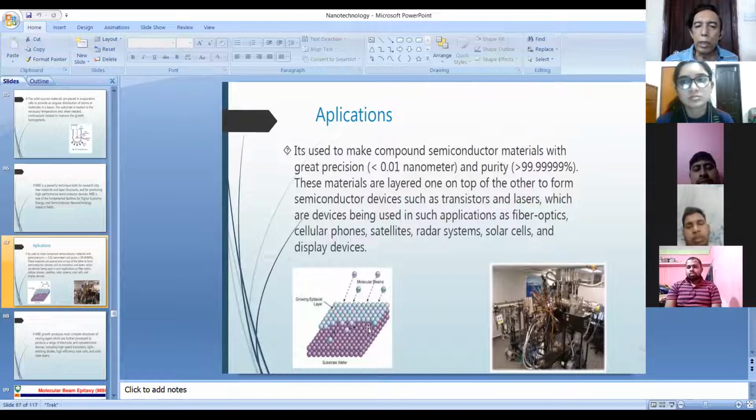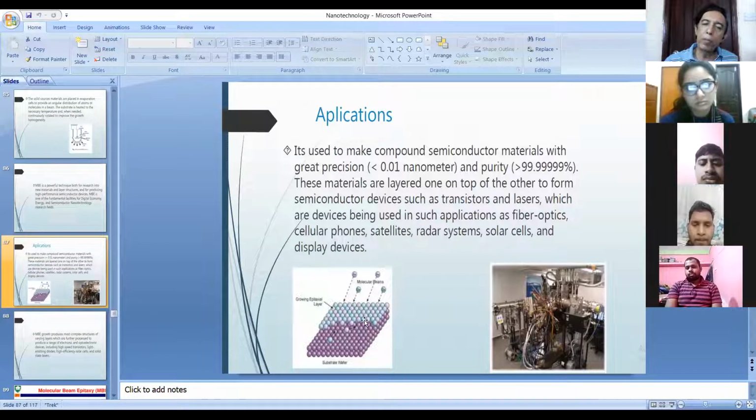So you see here, some atoms are green and some atoms are silvery. Say, for example, the green atoms are gallium and silvery atoms are arsenic. So you will find a gallium arsenide thin film. This is the thin film. This is the gallium arsenide thin film on a silicon substrate.